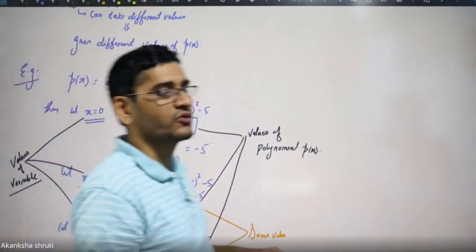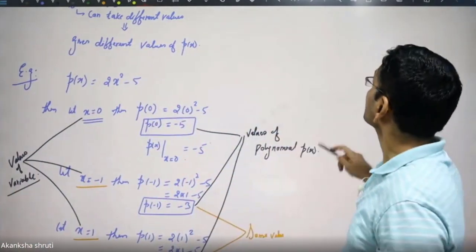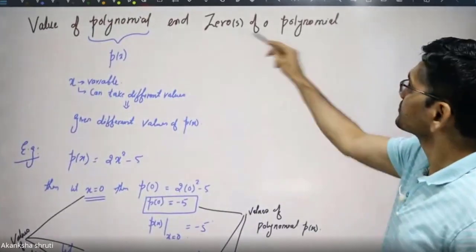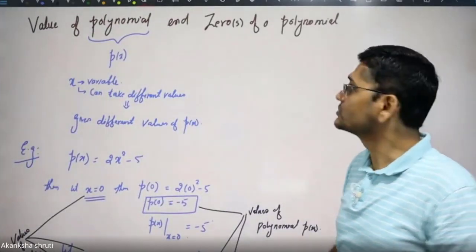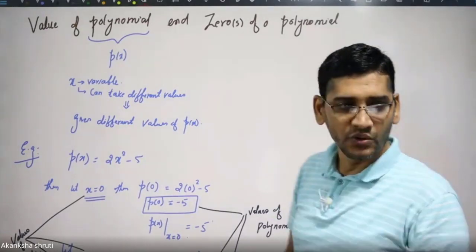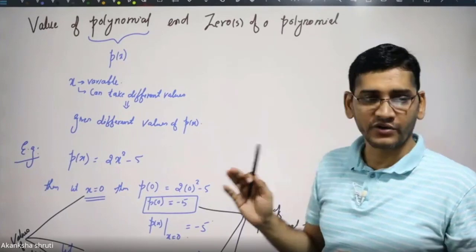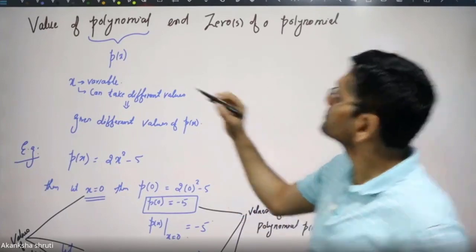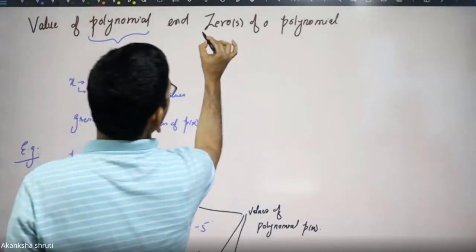But what is more useful or more significant is this one. Students, this topic, zeros of polynomial. The name itself indicates zeros. Zeros is the plural of zero, but it is basically zero. So understand it very carefully.